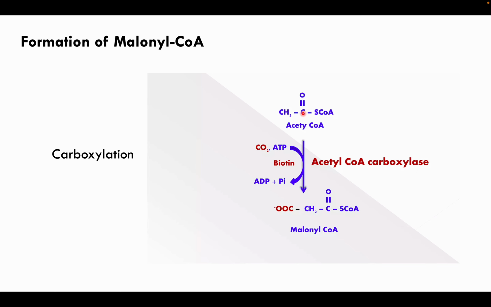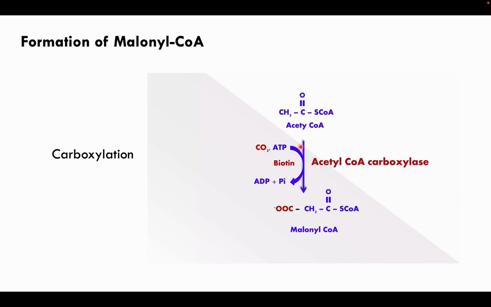So what we need to do is to transfer a carboxyl group, which occurs with the help of the enzyme acetyl coenzyme A carboxylase, which transfers the CO2, the one carboxyl group COO negative, to the acetyl coenzyme A using ATP and releases ADP and Pi, and with the help of biotin. So with the help of biotin, the carboxyl group gets transferred to the acetyl coenzyme A and forms malonyl coenzyme A.